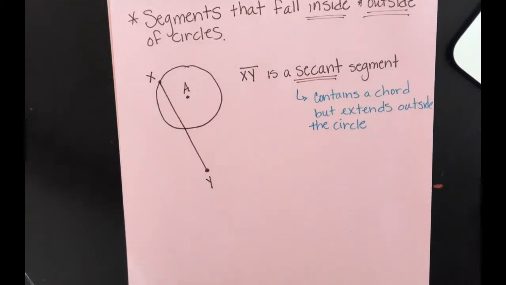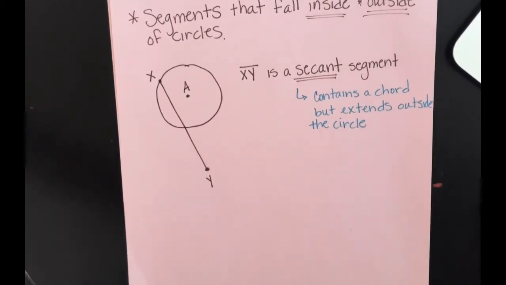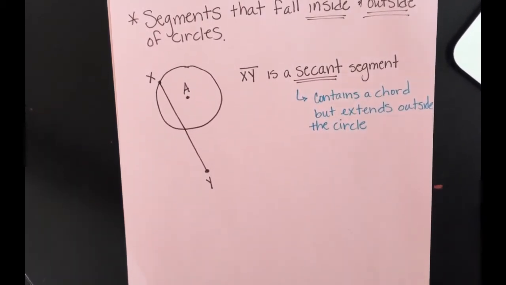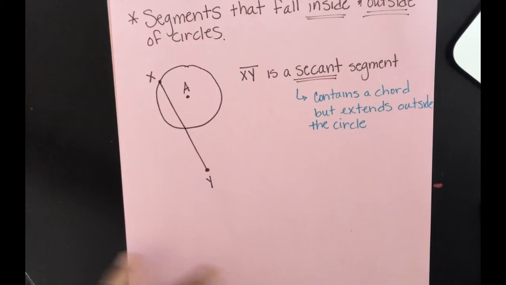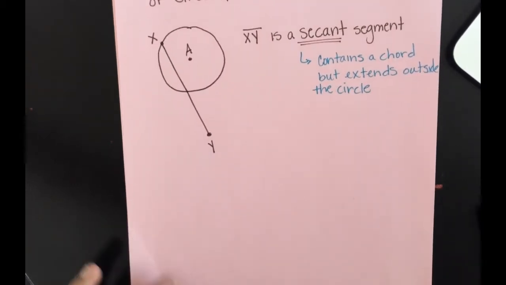So now what we end up with are these other theorems that are going to use all of the segments that we've talked about. So we've talked about our chords, we've talked about tangents, and now we've talked about secants. And nothing's going to happen with a secant unless it's combined with something else.